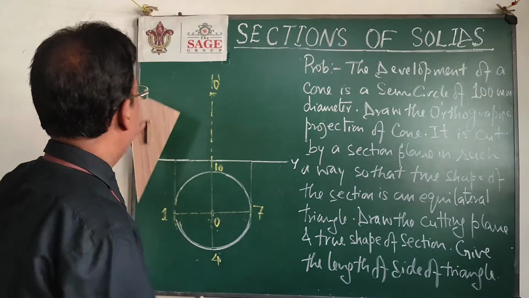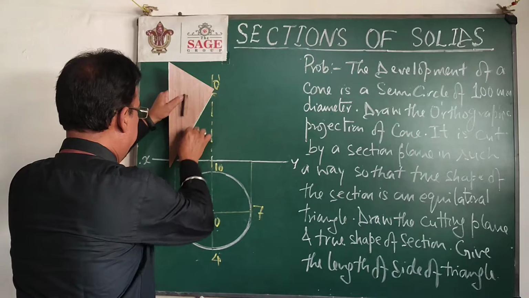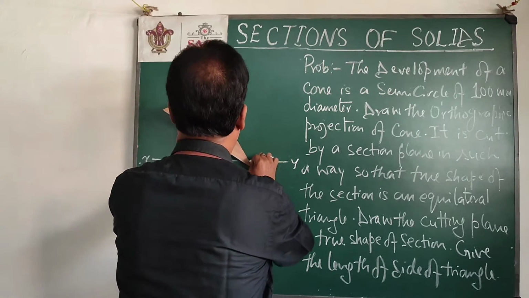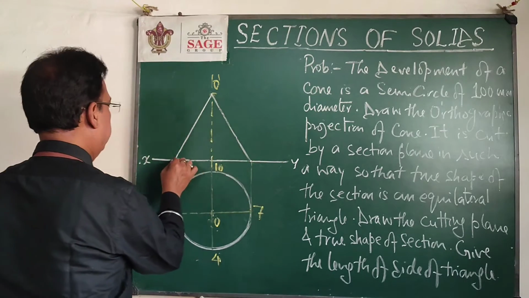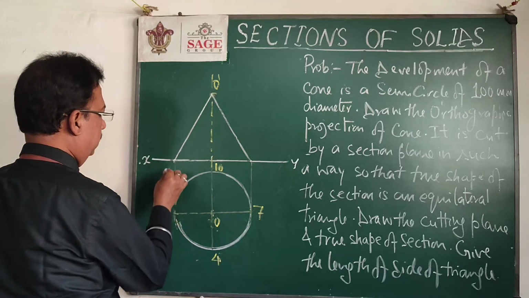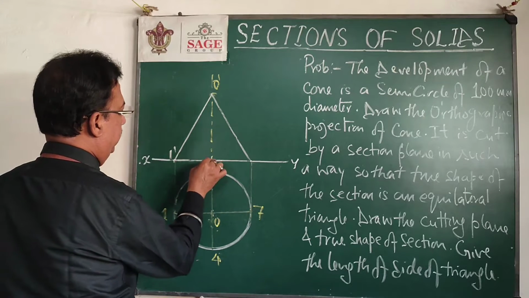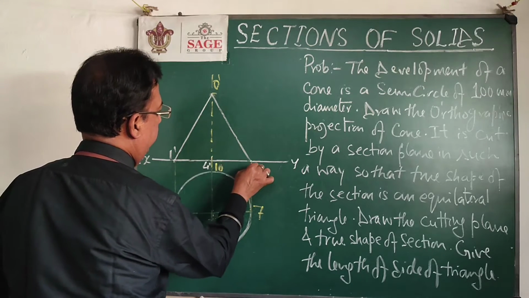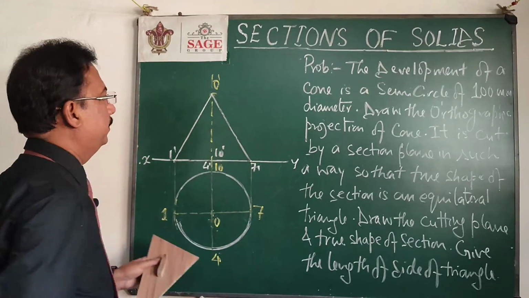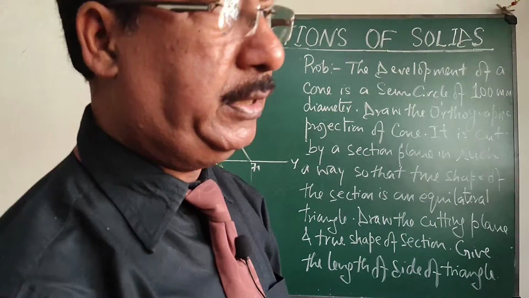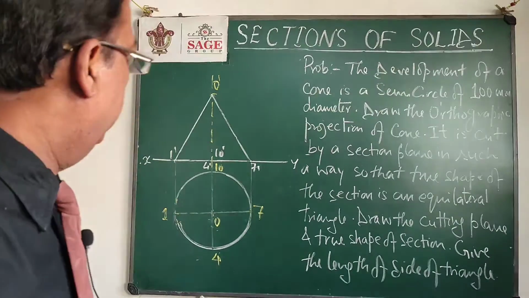Now the front view will be like this, and this is the front view. This is 1 dash, 4 dash, 7 dash, and 10 dash. Okay, so this is the dimension for the cone.